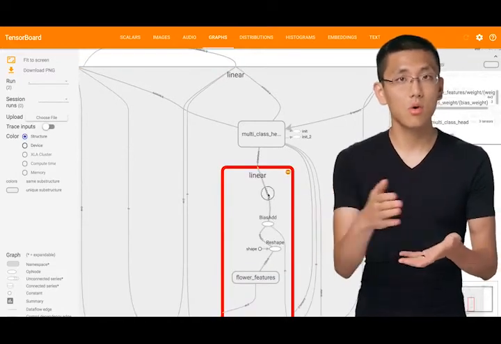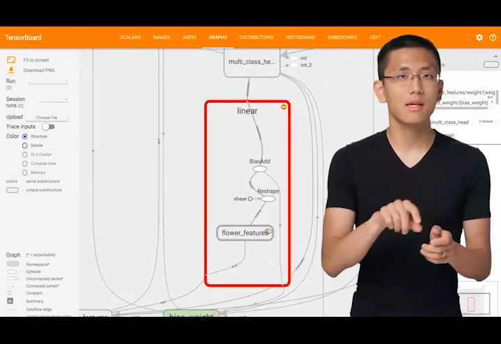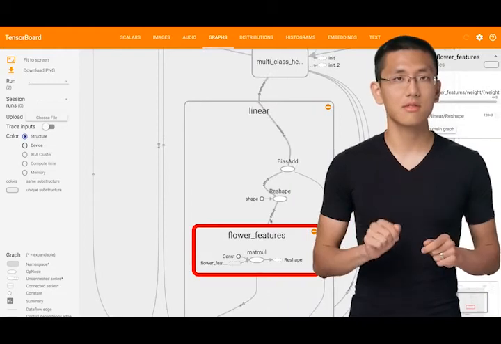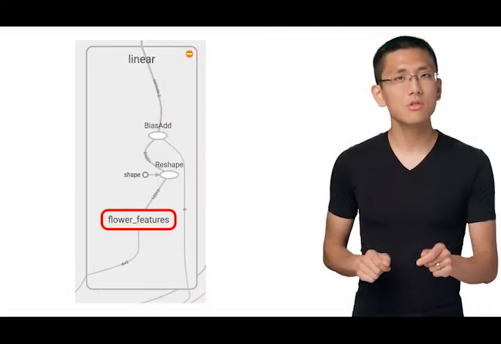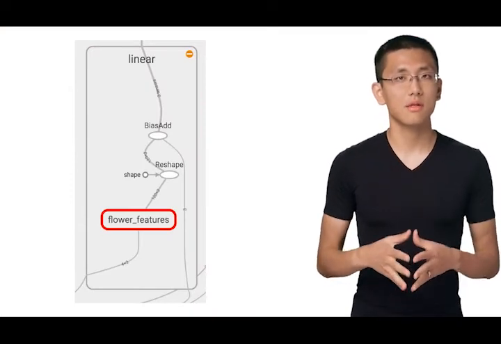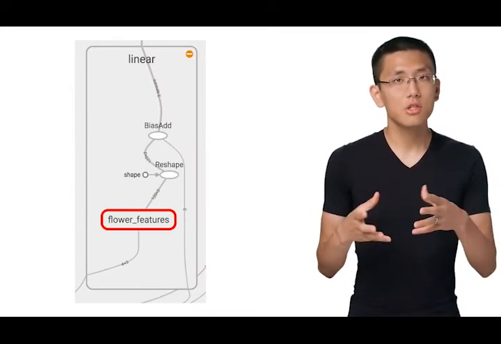And we can scroll to zoom in and out, as well as click and drag to pan and see other parts of the graph. 우리는 스크롤을 해서 줌 인아웃을 할 수도 있고 클릭 앤 드래그를 해서 팬을 하여 그래프의 다른 부분을 볼 수도 있습니다. Notice also that the names we gave our feature columns, like flower features, show up as named graph components. 우리가 feature 컬럼에 feature flower란 이름을 준 것을 기억하십시오.